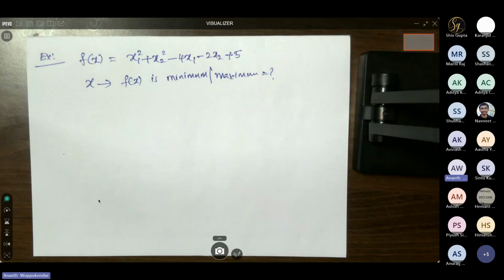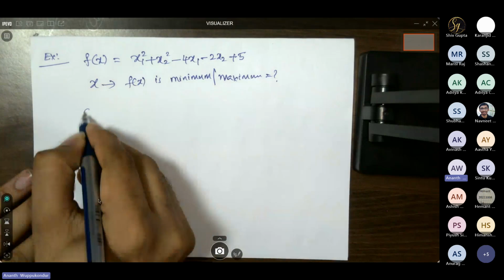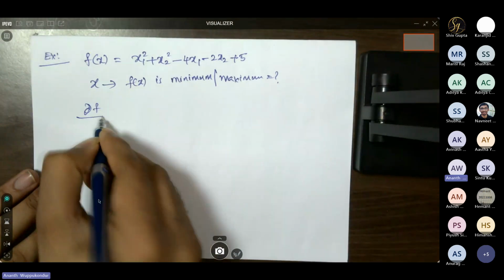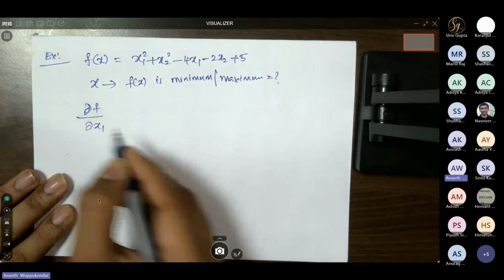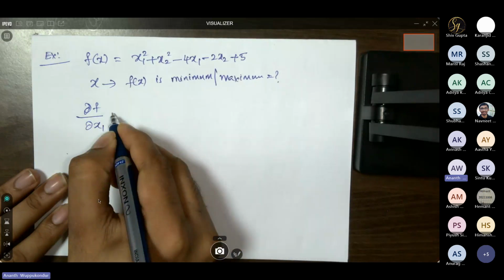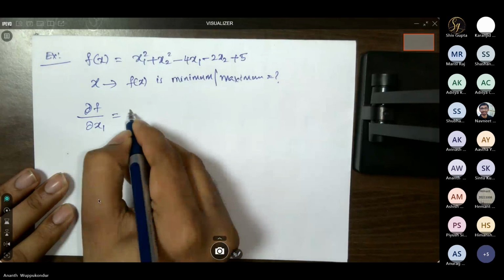So here you have two variables, not just one variable. Here you have two variables, x1 and x2. So in this case, what you do is you take a partial differential. First you differentiate with respect to x1 and then equate it to 0.